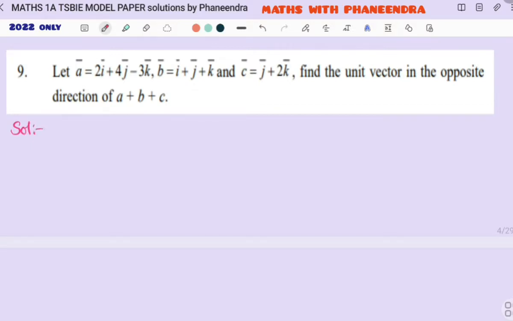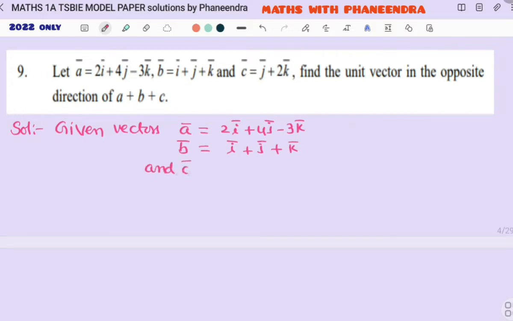First, the given vectors: A bar equal to 2i plus 4j minus 3k, B bar equal to i plus j plus k, and C bar equal to j plus 2k. So i bar is not there here.